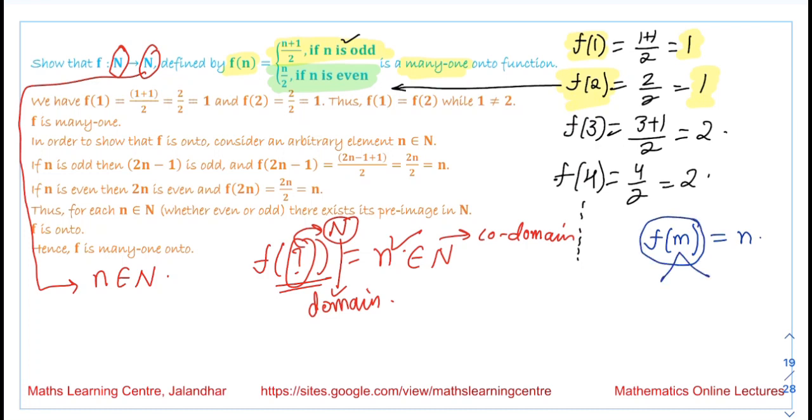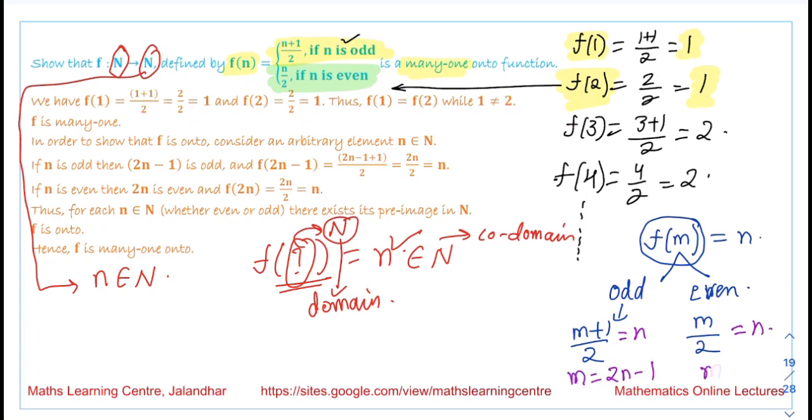We have two cases over here, either m is odd or m is even. If m is odd, the value of f of m is (m plus 1) by 2, and if m is even, then the value is m by 2, and this should be equal to n. So the value of m we obtain over here is 2n minus 1, and over here the value of m we obtain is equal to 2n.